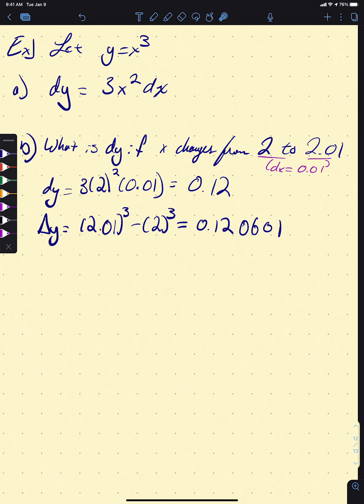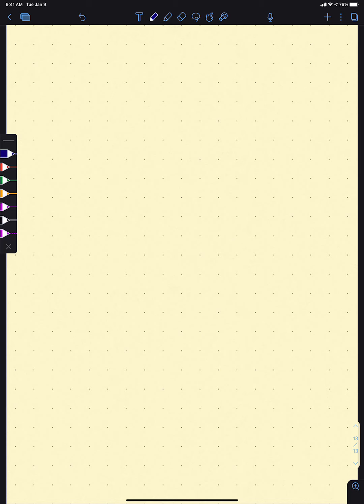Or how about this? Maybe you're trying to approximate the square root of 26.5. For whatever reason, you need to do this. But here's what I want you to notice: 26.5 is pretty close to 25. So here's what we can do.